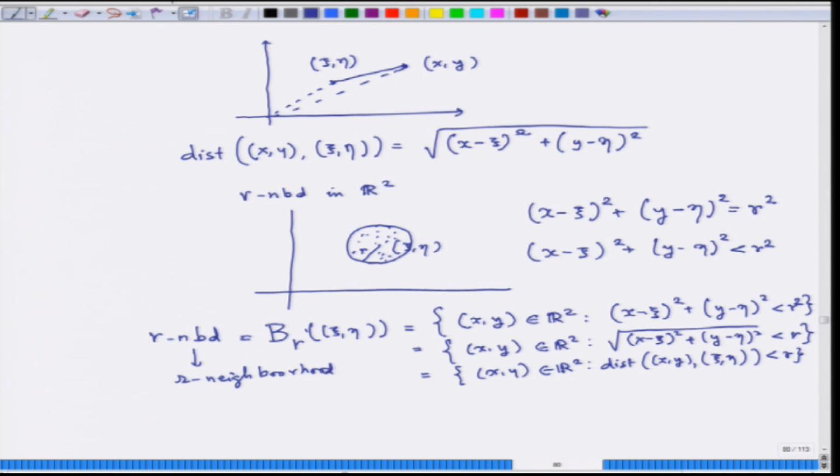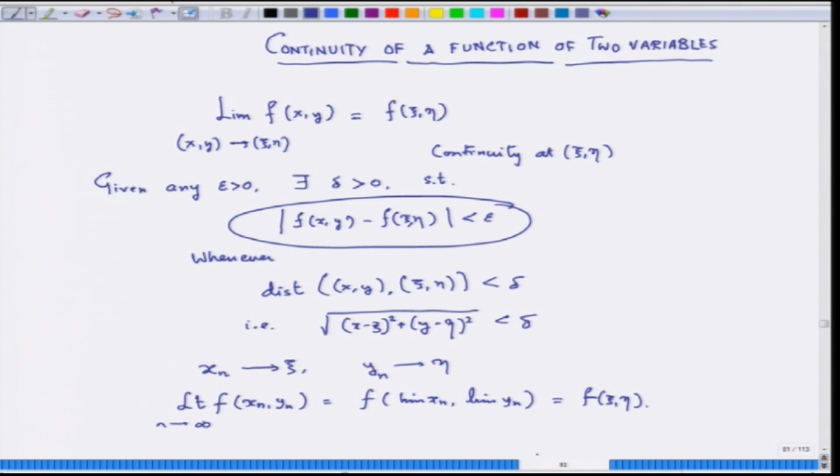So, whenever the distance is within a given R, which means that if I want to write it more precisely, I can write that mod f of x y minus f of xi eta is strictly less than epsilon when x and y is in the ball of radius delta centered at xi eta.